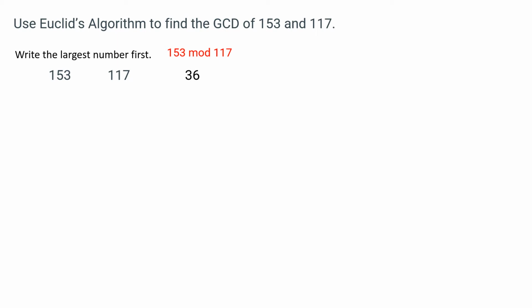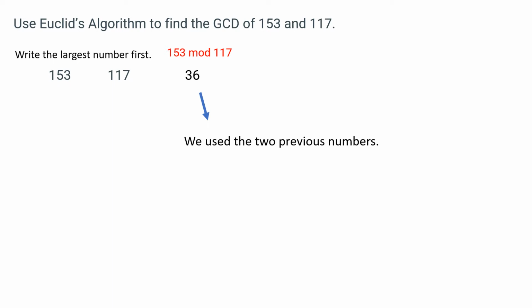Okay, now we use the two previous numbers, the 153 and 117, to get the 36. Now what we could say is that the same GCD that we're looking for is also the GCD of these two smaller numbers, the 117 and 36. So now we're going to look at 117 and 36 and forget about 153.